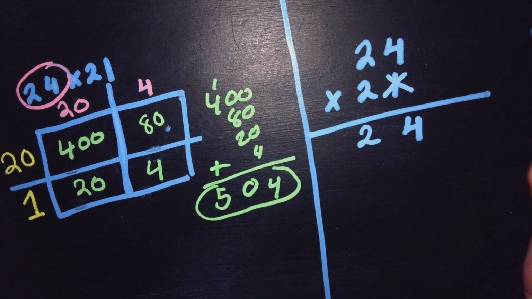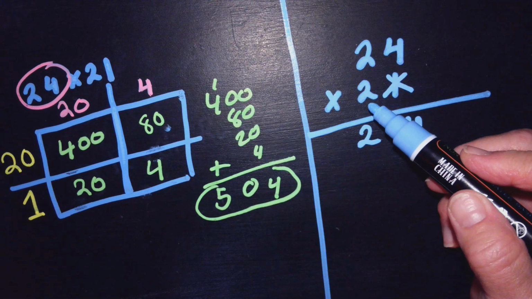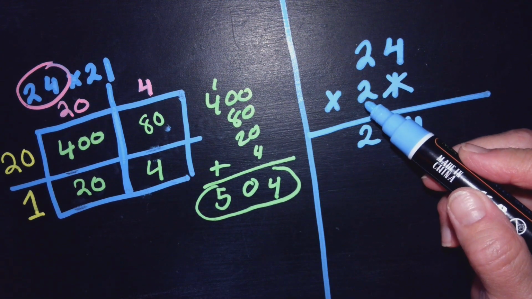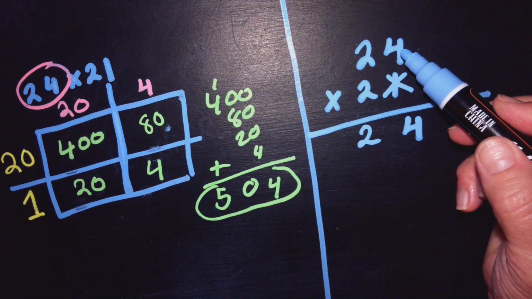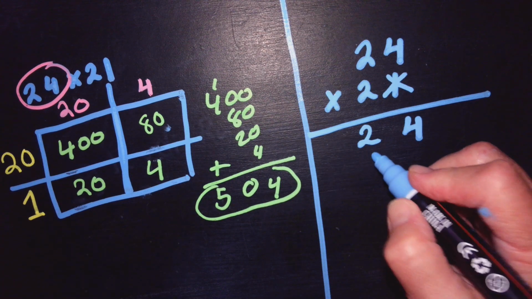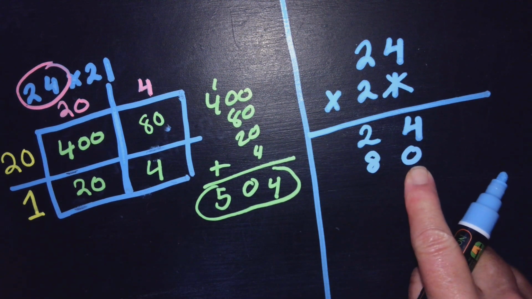Next, I'm going to multiply by the 2. But I am not multiplying by 2 ones. I am multiplying by 2 tens. So 2 tens times 4 ones is equal to 80. That's why you put the 0 there.